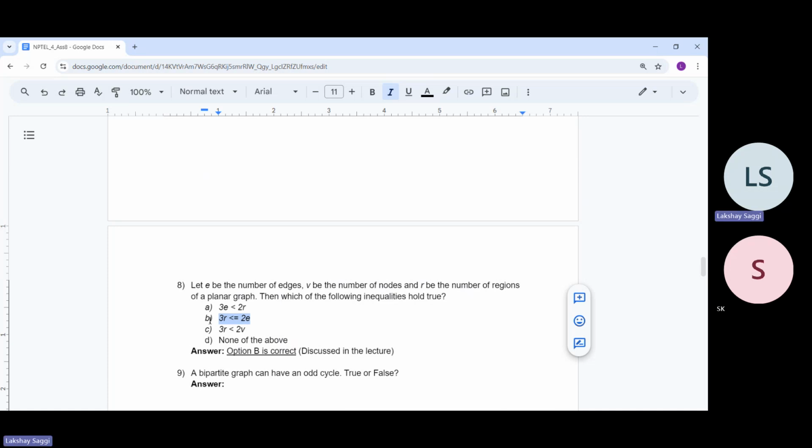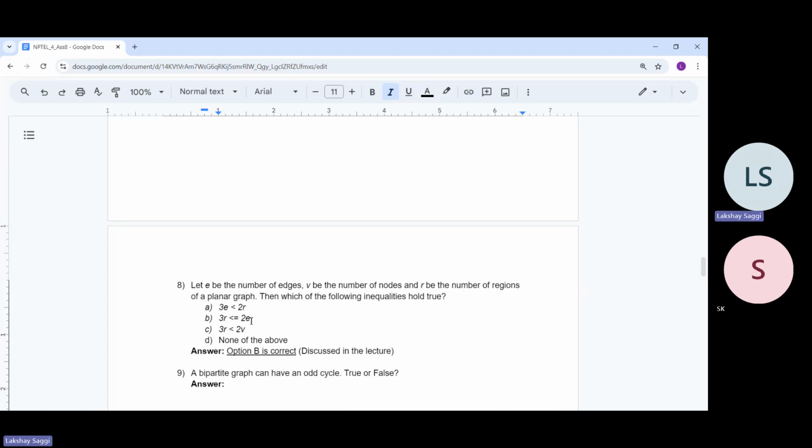So the sum of perimeters of all regions will be greater than or equal to 3R, because there are R regions and each region has a perimeter of at least 3. But also note that every edge appears twice in this sum of perimeters, because an edge can be adjacent to 2 regions at one time.